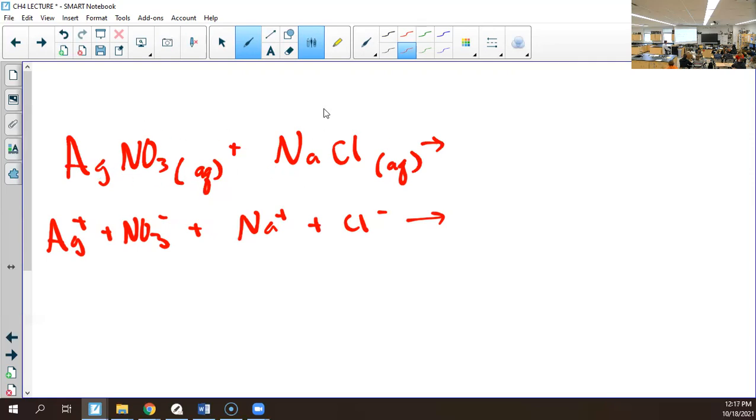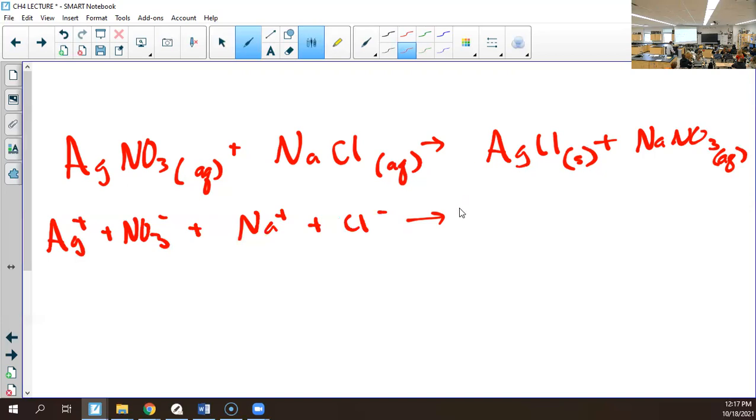When these things react, that part's not hard. You think, all right, Ag must go with Cl. We've done that before, right? And if not, we'll practice it still. And then we have Na and NO3. One step that we'll have to learn is why this one's a solid and this one's aqueous. And that has to do with what we call the solubility rules.